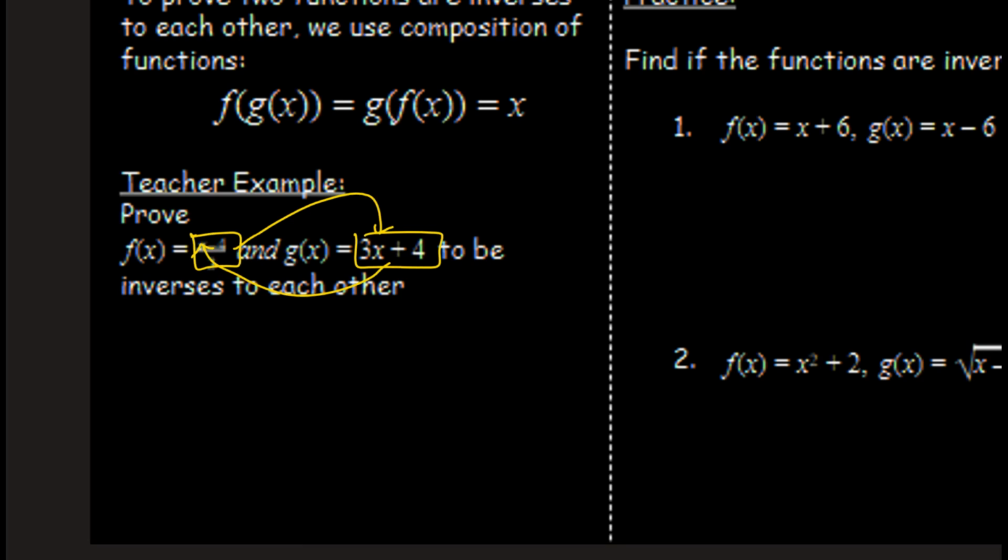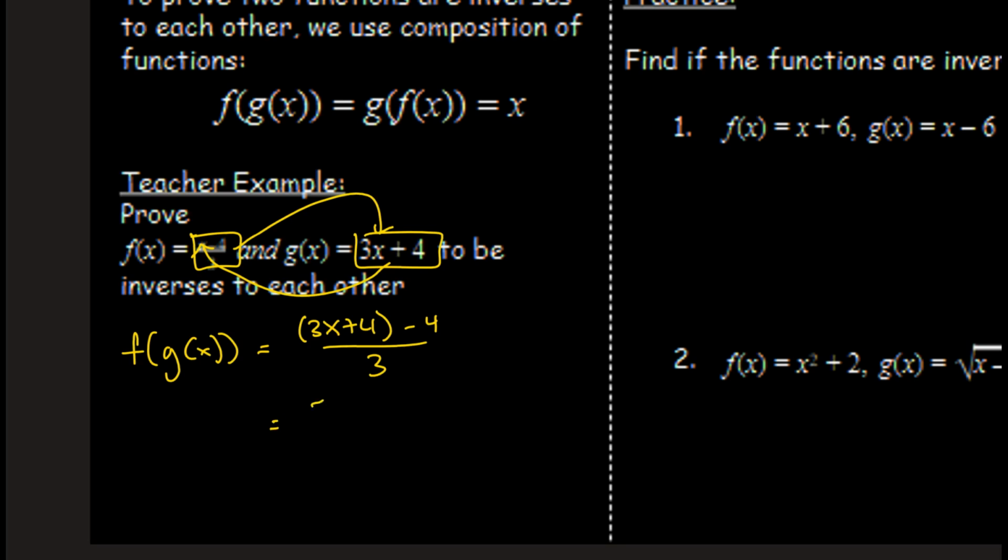So let's try it. You're saying plugging g of x into f of x. So that's f of g of x. That's 3x plus 4 minus 4 all over 3. Oh, I guess it doesn't matter in this case. They're both pretty easy. Okay, we can stick with this one. I personally would have done the other way.